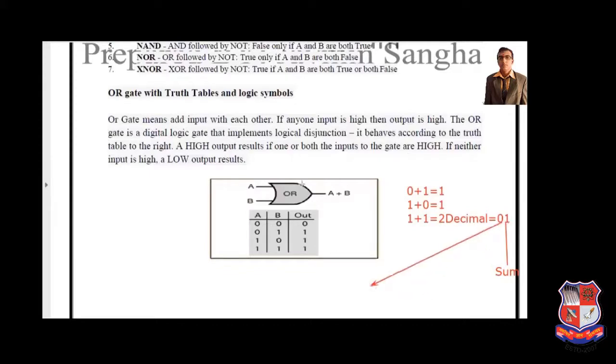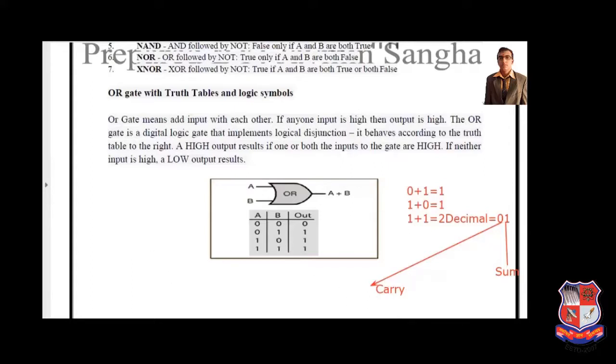Carry means what? Simply saying in Gujarati language, if you add 3 plus 9, then the answer is 12, then 1 remaining. Whatever 1 remains, it is known as carry. So here the answer is carry. That's why sum is 1, carry is 0.